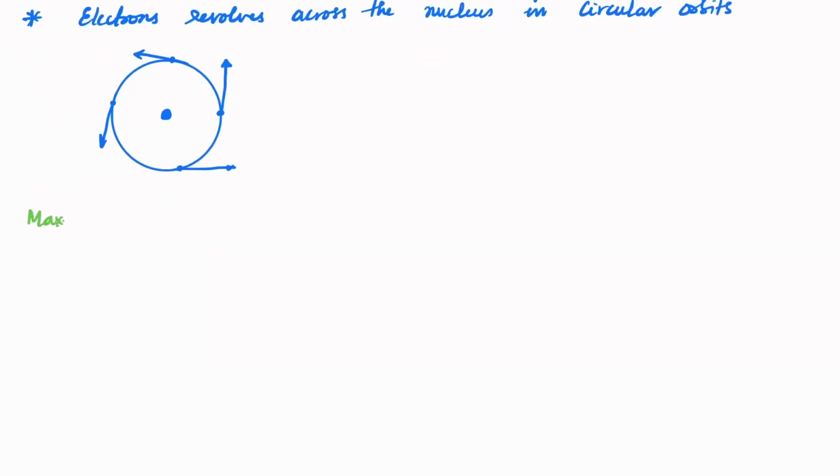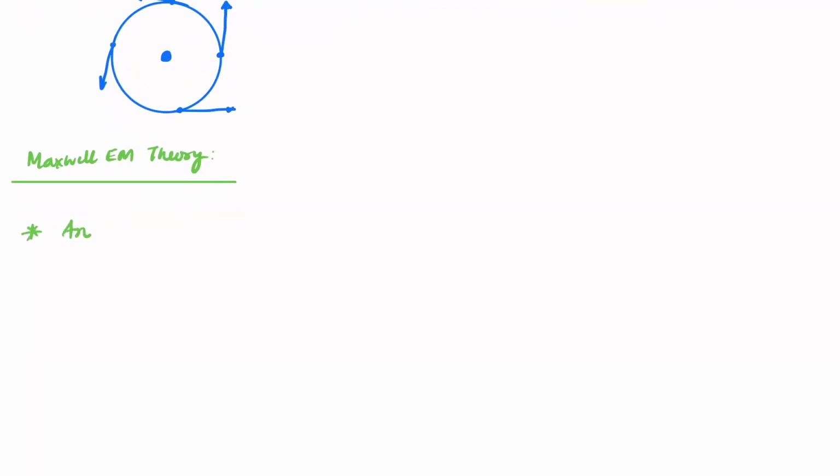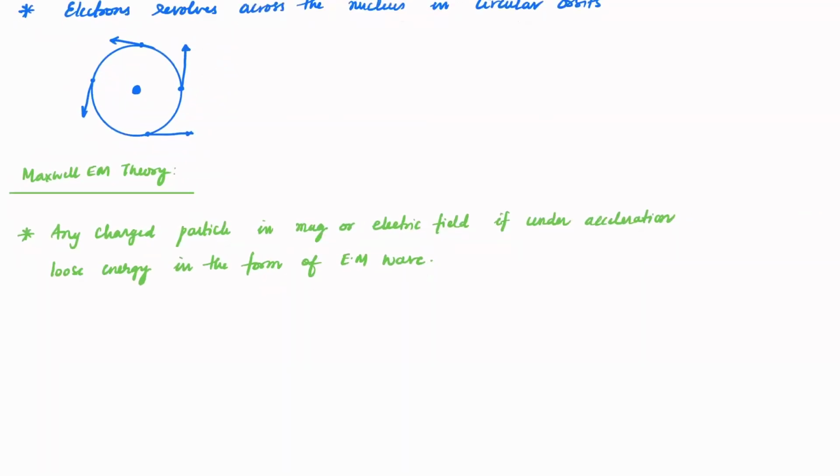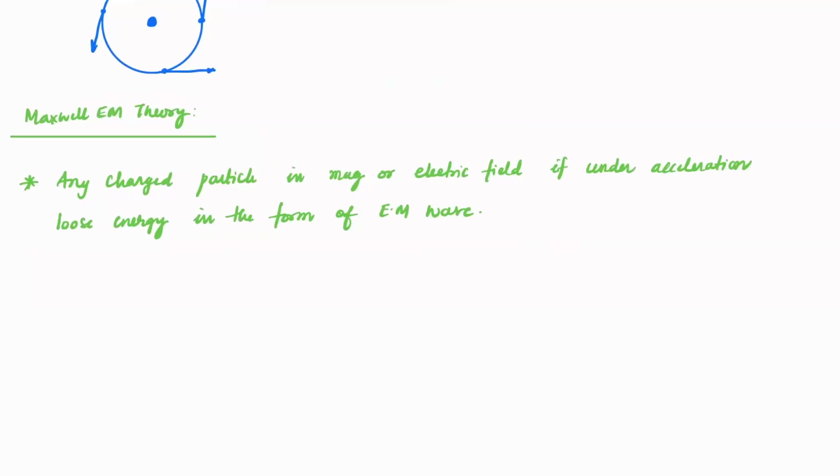According to Maxwell's electromagnetic theory, any charged particle in a magnetic or electric field, if under acceleration, will lose energy in the form of waves, and he called those waves electromagnetic waves. This is the basic premise of Maxwell's electromagnetic theory.